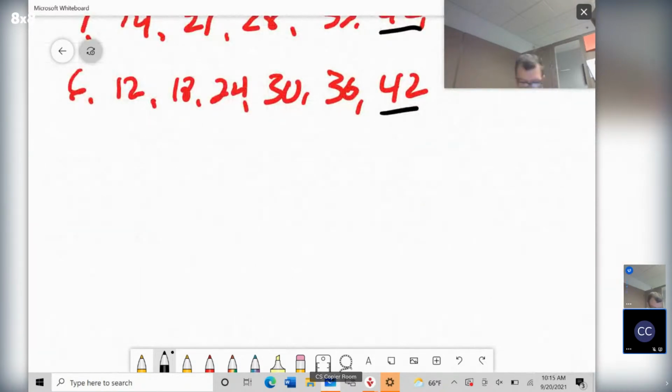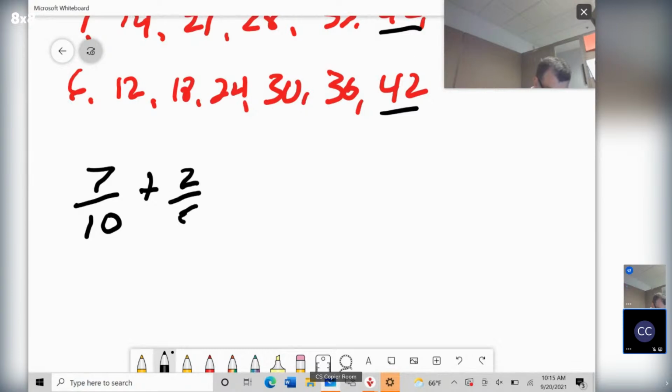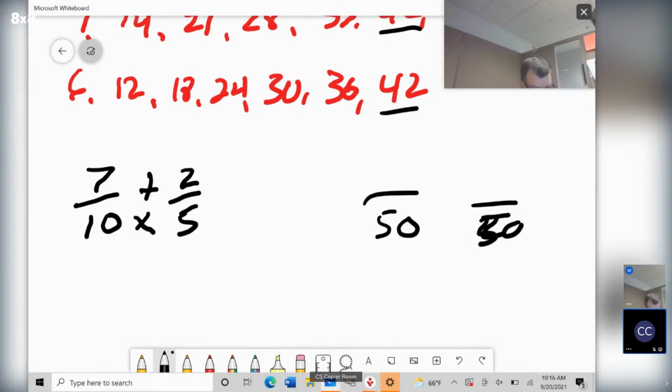So there's a couple ways you guys can do this. Like I said, if we have like 7 tenths plus 2 fifths, you can always multiply these two numbers, you're going to get 50. But we know right here, 5 will go into 10.